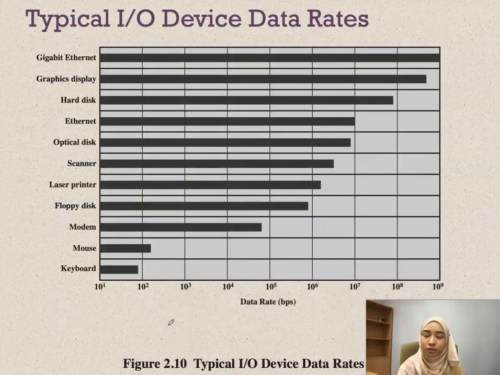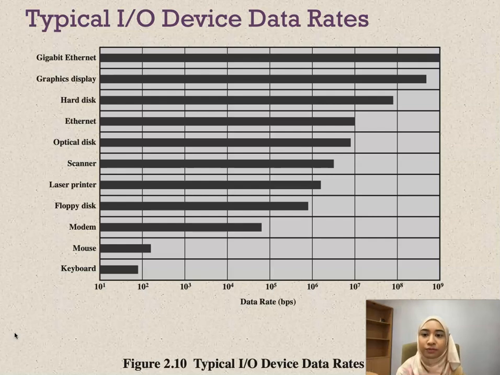So this figure shows the typical I/O device data rates. You can see here that you have the gigabit Ethernet, which uses a data rate of 10 to the power of 9. Then you have your graphics display, your hard disk, your Ethernet, your optical disk, your scanner, your laser printer, your floppy disk, your modem, mouse, and keyboard.